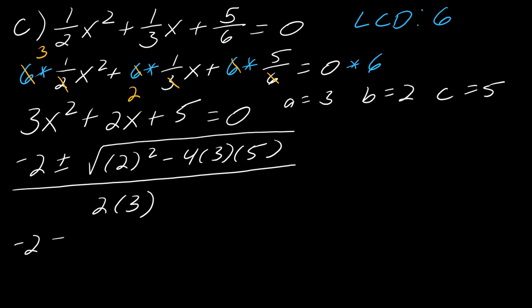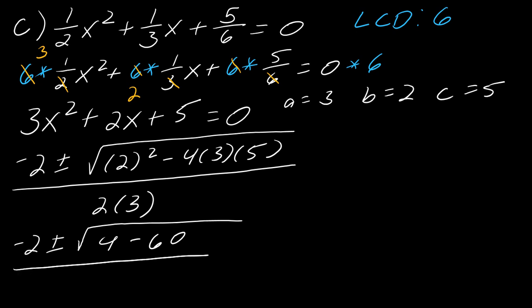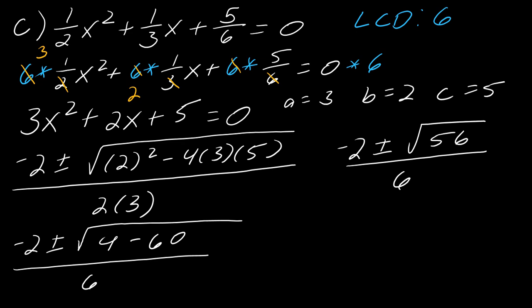So now this is -2 plus or minus the square root of 4 minus 60, over 6. So that becomes -2 plus or minus the square root of -56 over 6.